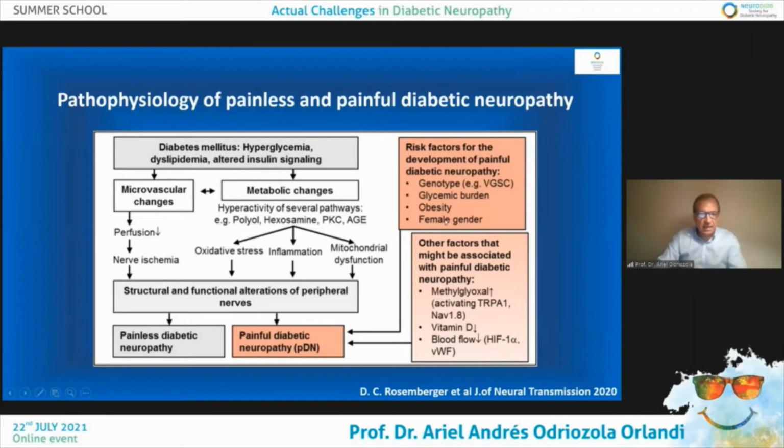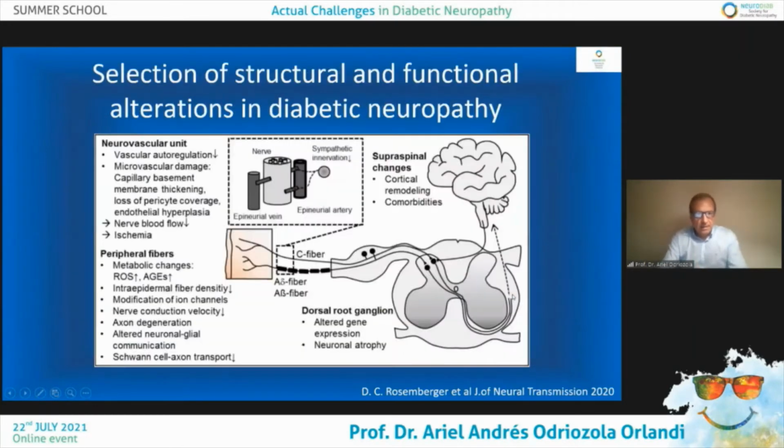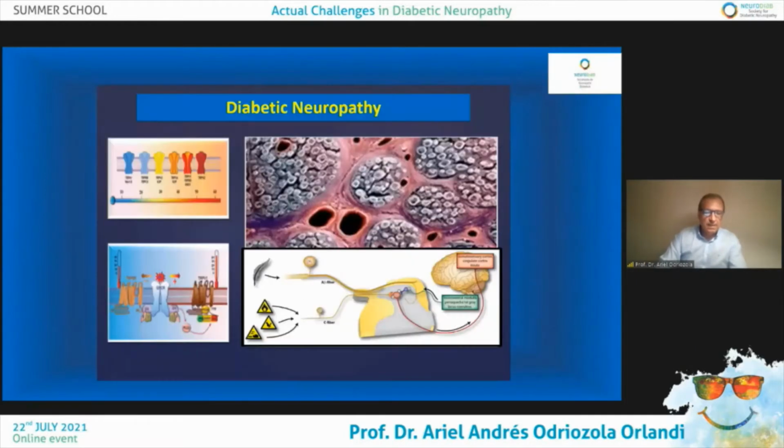Among the structural and functional alterations in diabetic neuropathy, it is important to remark advanced glycation end products, reactive oxygen species, and others, as you can see in this slide.